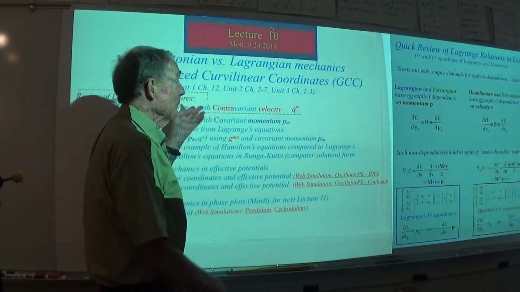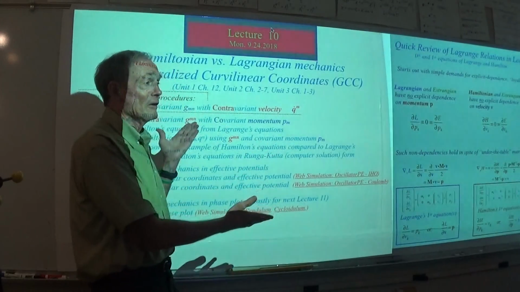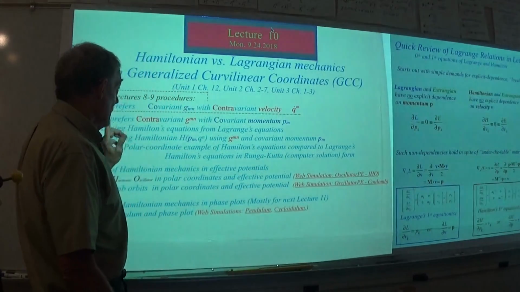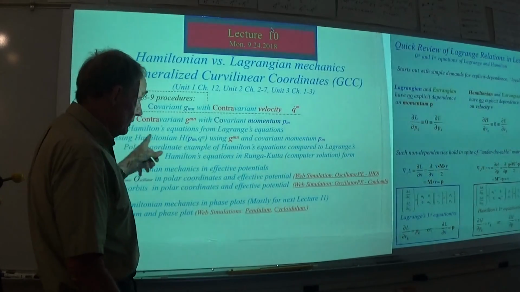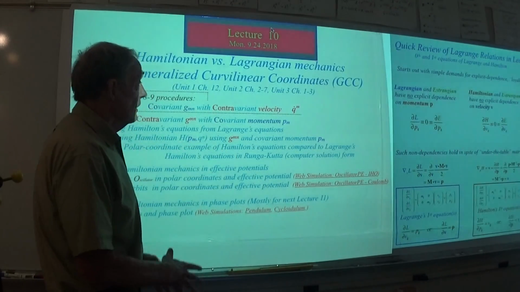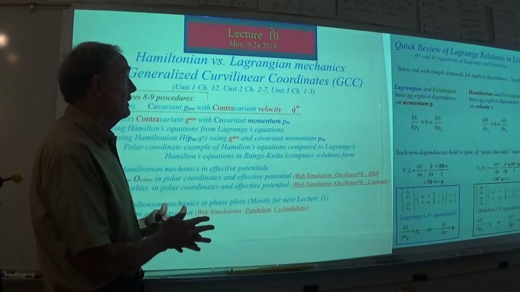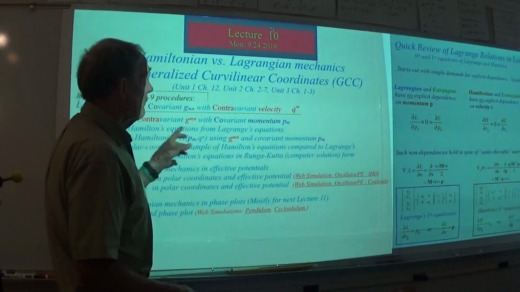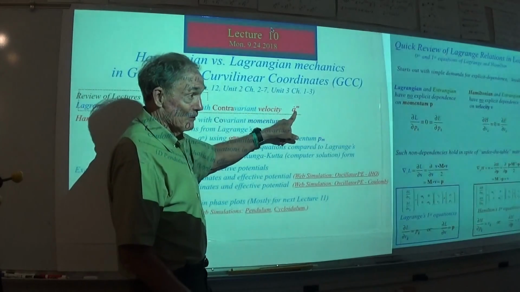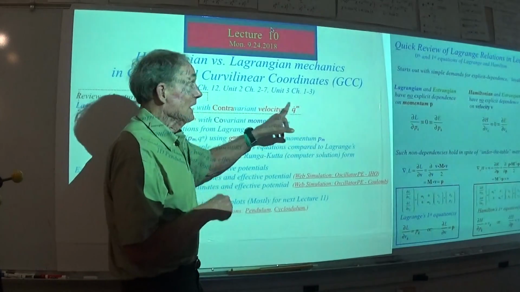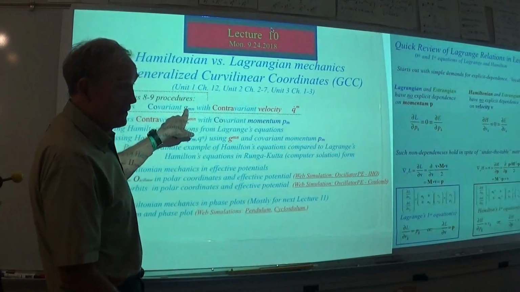So it's both covariant and contravariant; it's invariant. The Hamiltonian that we're going to develop today using this GCC is the same deal, except now we find a covariant thing here, that's the momentum, and we use a contravariant metric.